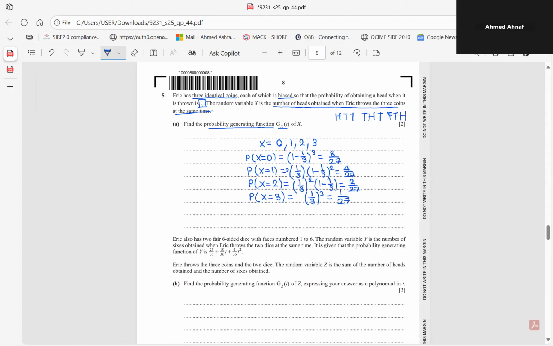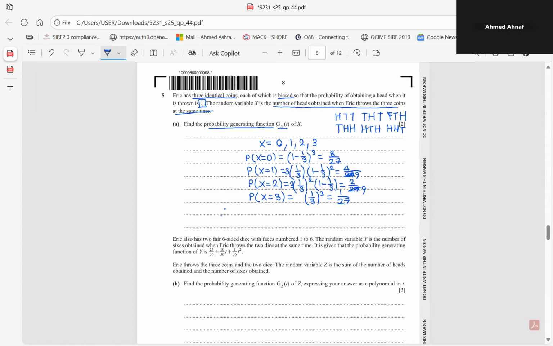So there are actually three possibilities. If you multiply by 3, you would get 4/9. And then for X equals 2, you get one tail: tail, head, head, or head, tail, head, or head, head, tail. So three possibilities, so it's just 2/9. Let's see whether I can get one. With 1/27, yep, I got one.